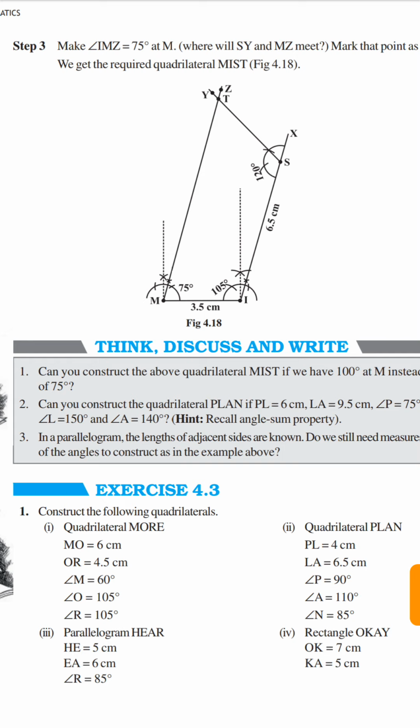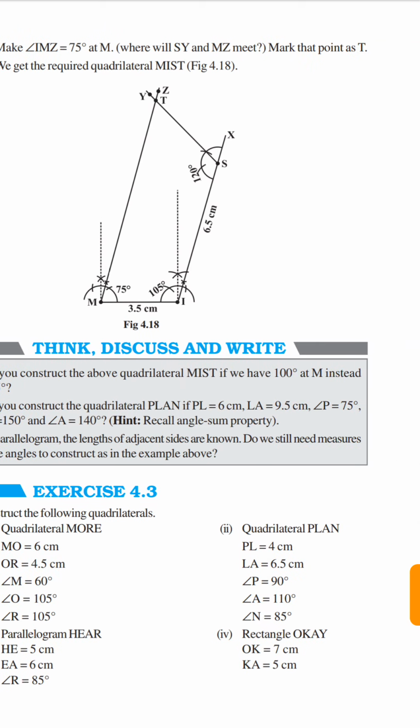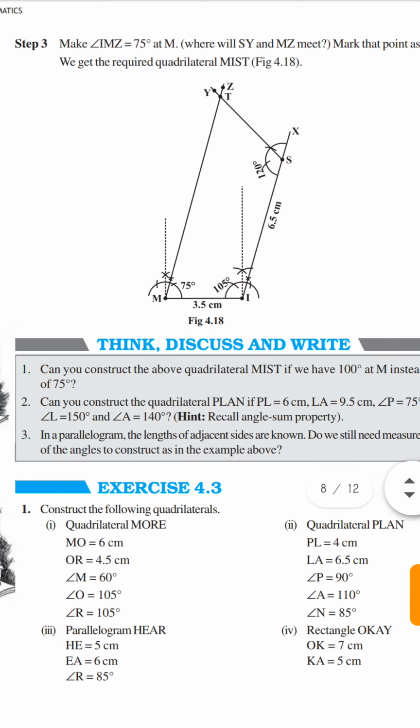Now there is another part for thinking. Can you construct a quadrilateral PLAN if PL is equal to 6 cm, LA is 9.5, angle P 75 degrees, angle L 150 degrees and angle A 140 degrees?